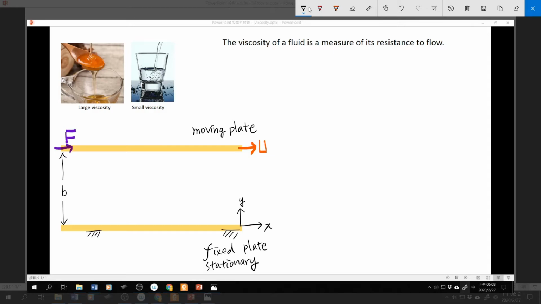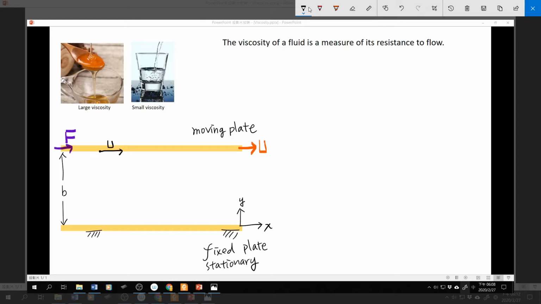So in this situation, we can assume that after the system becomes stable, the upper fluid particles which contact with the plate will move with the plate with the same velocity.